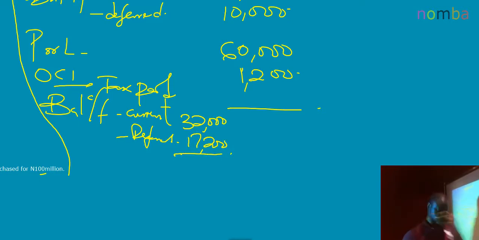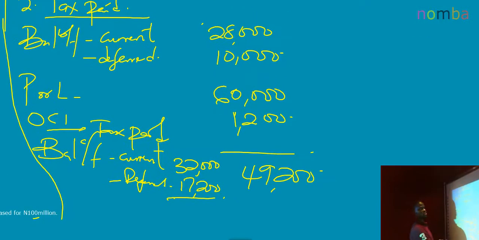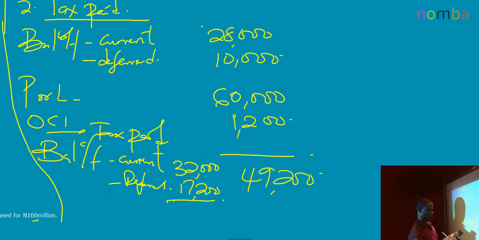So the addition of these two gives us what? What's 32,000 plus 17,200? That gives me 49,200.